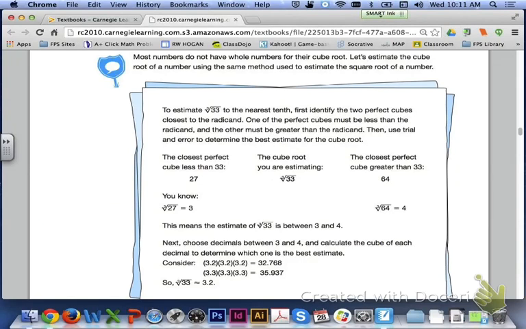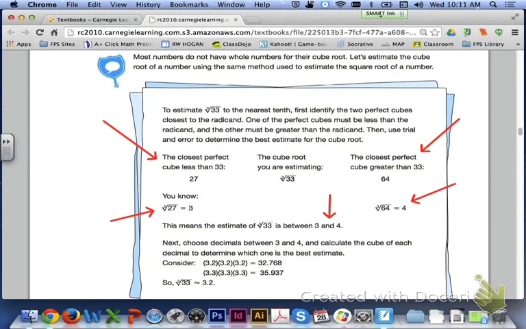The closest perfect cube that would be less than 33 is 27, and the closest perfect cube greater than 33 is going to be 64. We know that the cube root of 27 is 3 and the cube root of 64 is 4, so this means that the estimate of the cube root of 33 is going to be between the whole numbers 3 and 4.